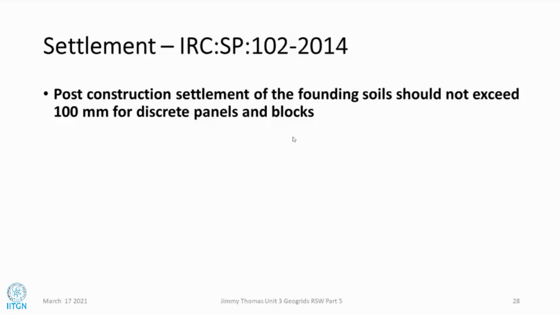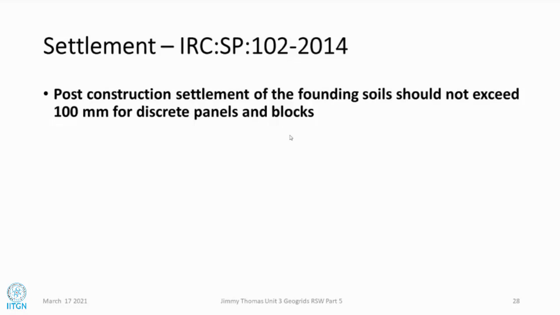We may assume some data, but what the actual settlement is can vary widely. And what is the permissible settlement for a structure depends on many factors.